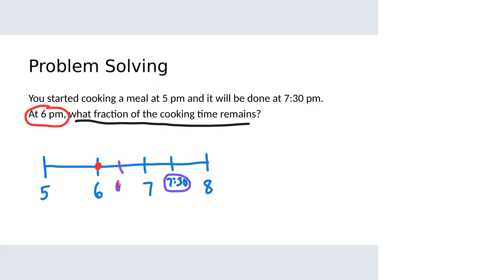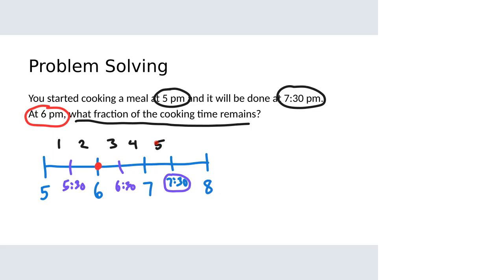So I'm going to go ahead and put 6:30 in here, and I'm going to put 5:30 in here. And then when I look at this, the whole cooking time, I started at 5 and I'll be done at 7:30. So the whole cooking time is 1, 2, 3, 4, 5 pieces along my length model.